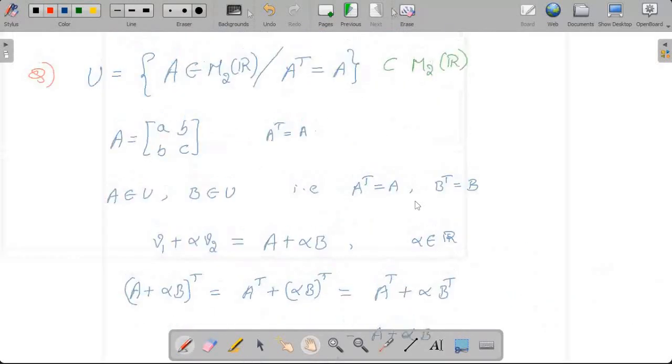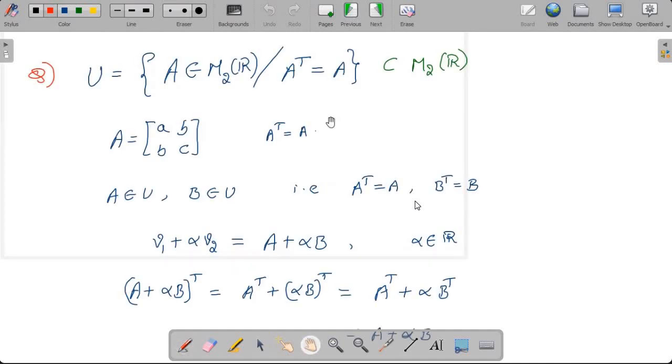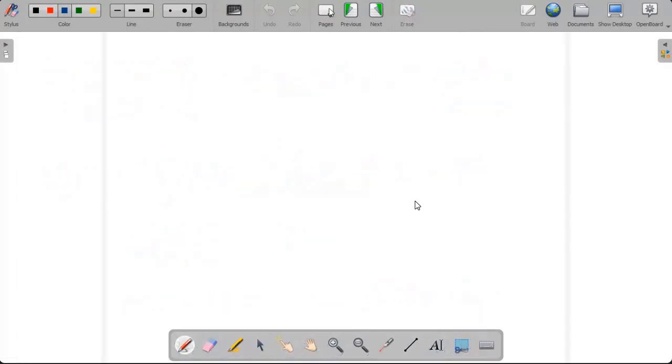All right. Now we came to know that to check whether a set is a subspace or not, it is enough to check only one condition. Moreover, we can write this as an if and only if statement.